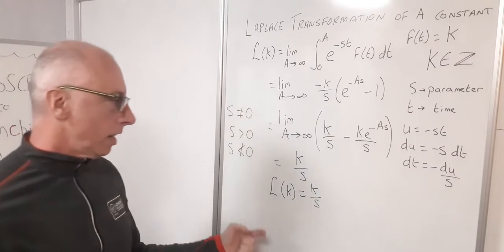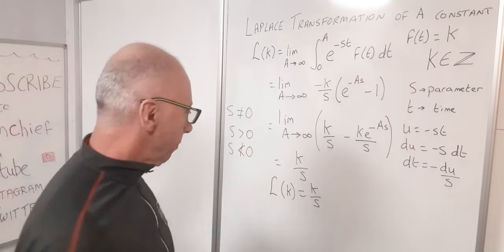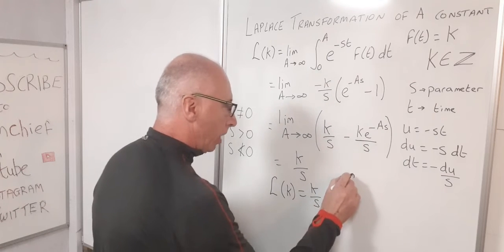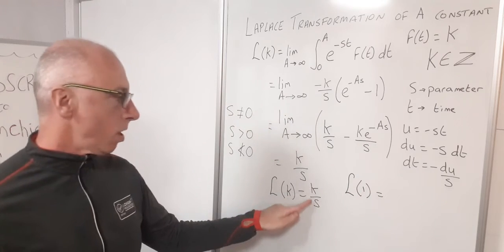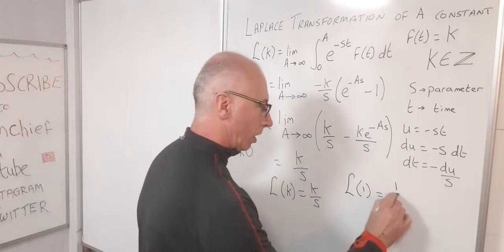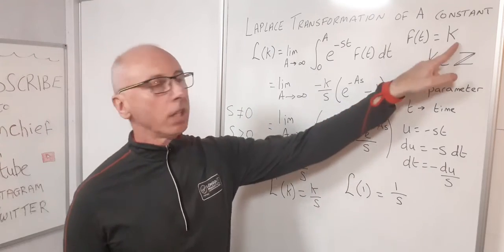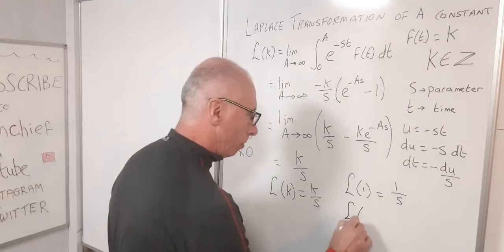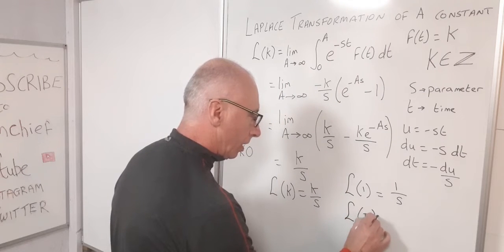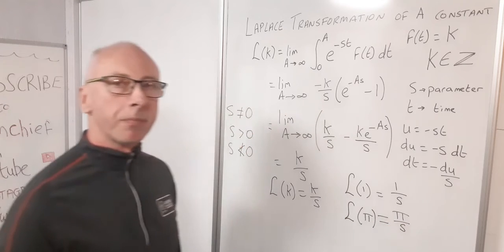Now, a couple of examples here. Let's say, for example, if k was 1, I would then have my Laplace transform of 1 equals 1 over s. And then for another example, if my k was, for example, pi, so the Laplace transform of pi would equal pi over s.